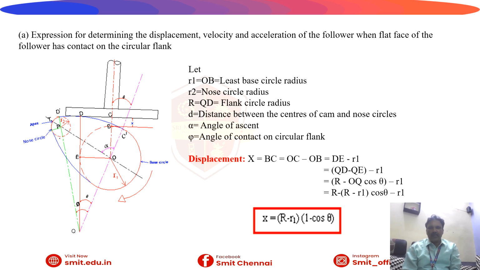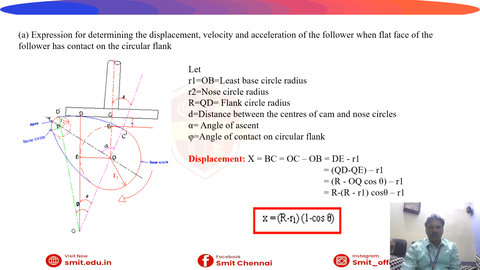The displacement, here we can see the formula, x is equal to (R minus R1) into (1 minus cos theta). This is the basic formula. How we are obtaining it: what is BC? BC is obtained as OC minus OB.